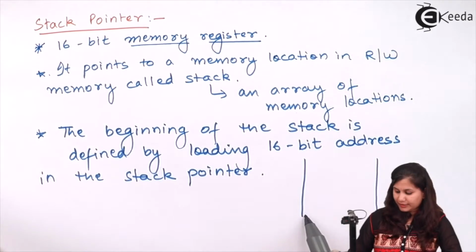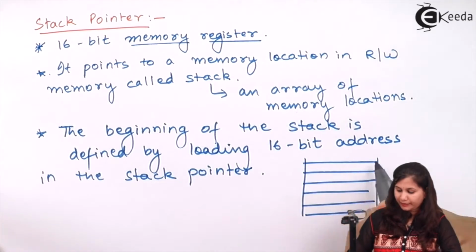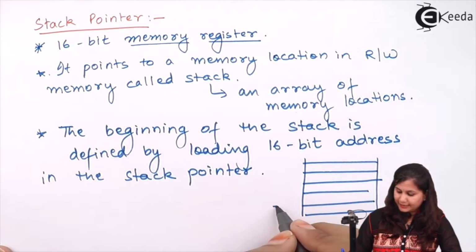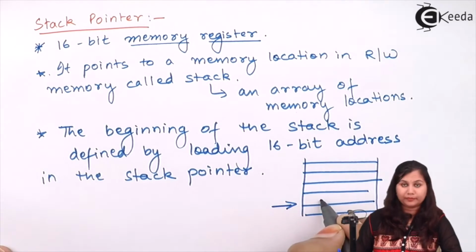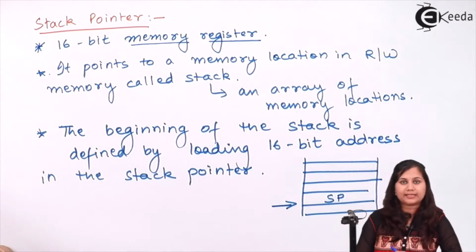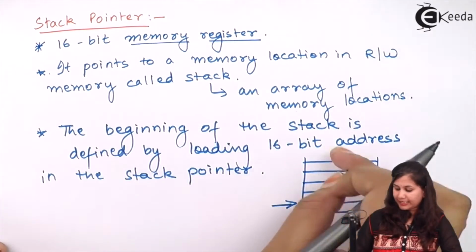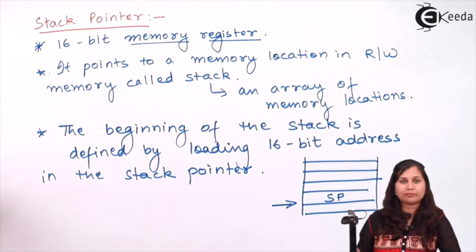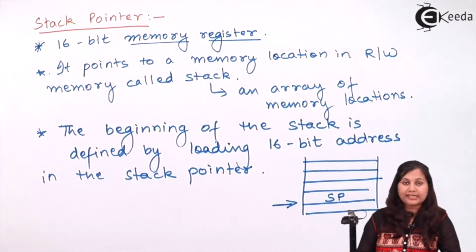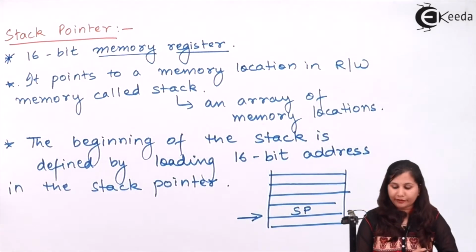Suppose we have this. These are the memory locations in the microprocessor. It is an array and this array is starting from this memory location. So this memory location will be loaded in the stack pointer and that stack pointer will show that the stack is beginning from this memory location. So these are the two 16-bit memory registers in the 8085.